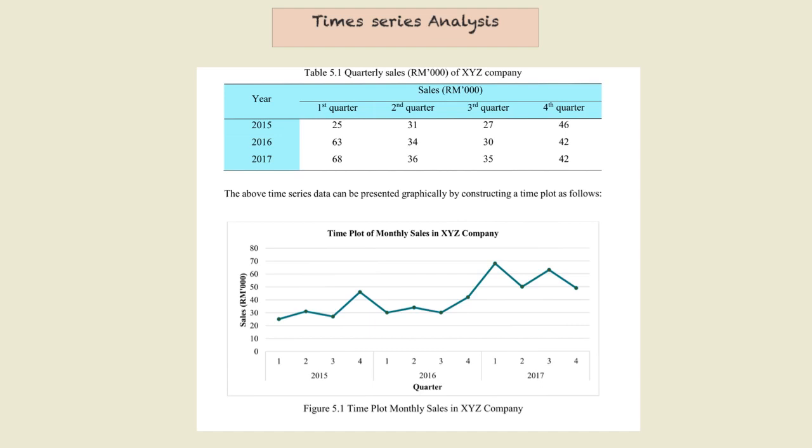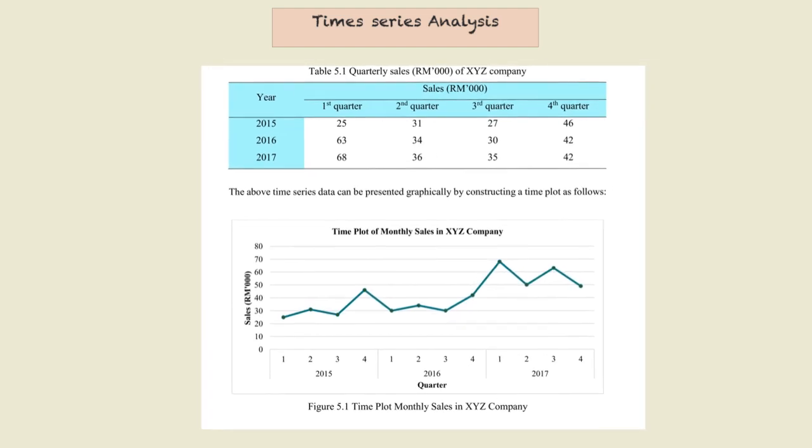In this table, this is actually the quarterly sales of XYZ company. We have first quarter, second quarter, third and fourth. This data is collected yearly, and every year they are going to have 4 sales.